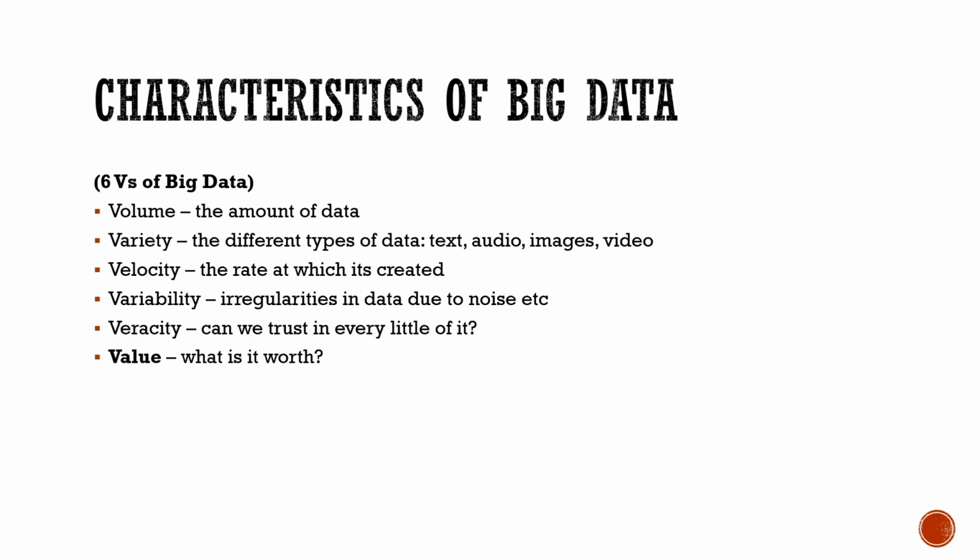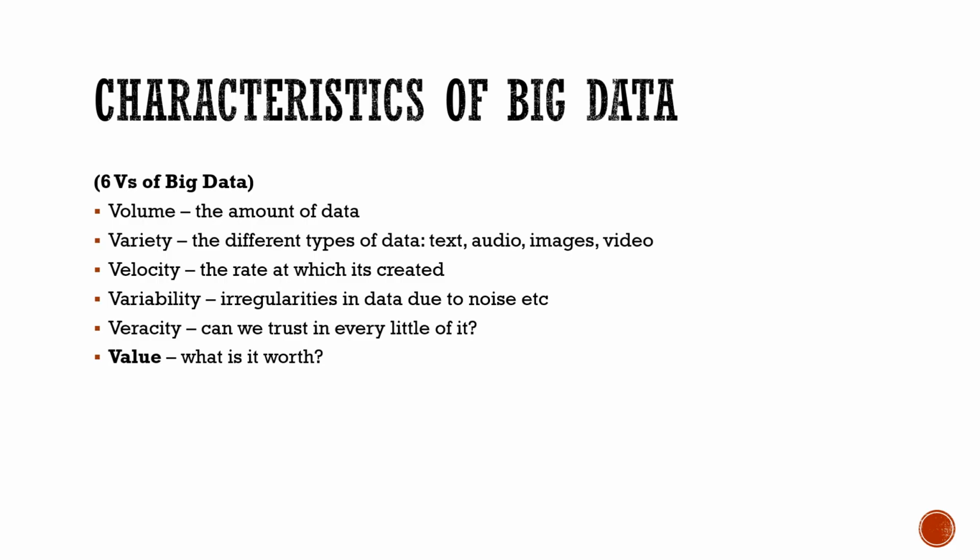Considering that volume and the speed at which it is being generated, almost every second most people are online, creating or generating information, posting communications, chats, images, and so forth. This is velocity.